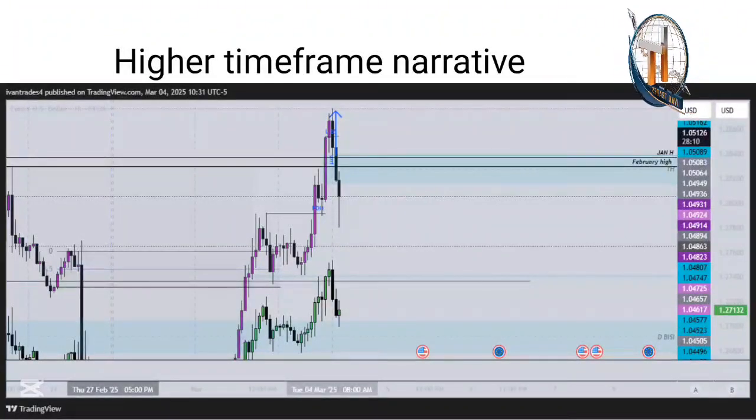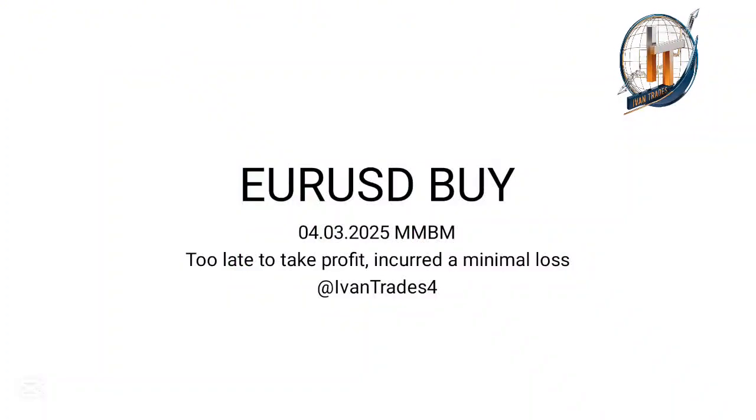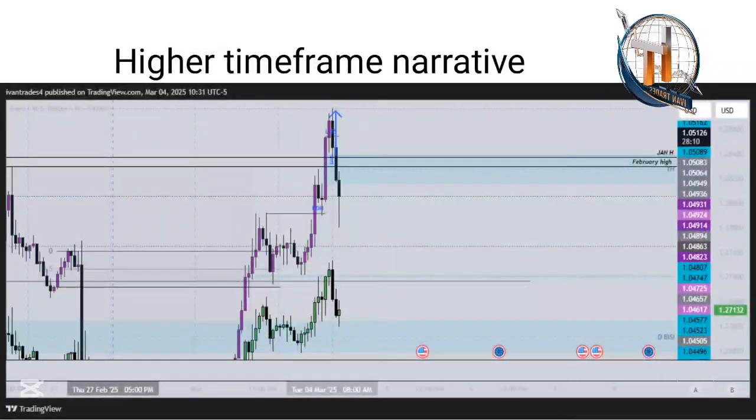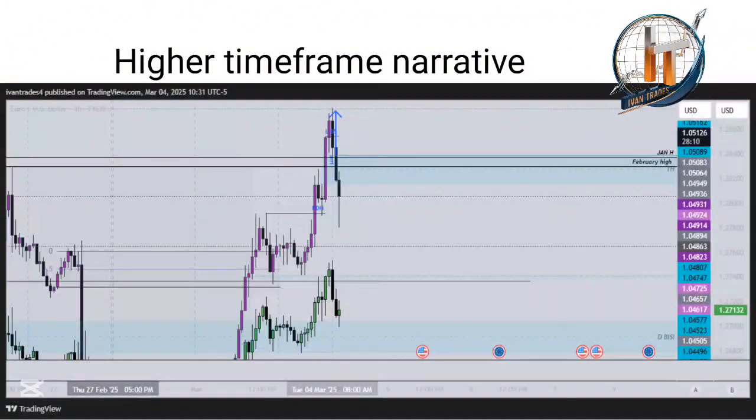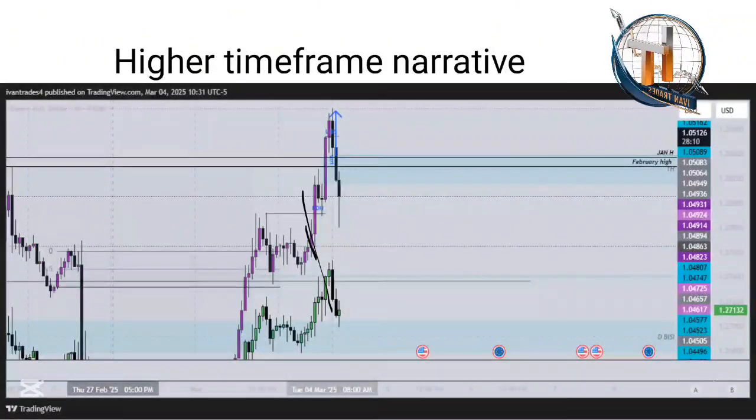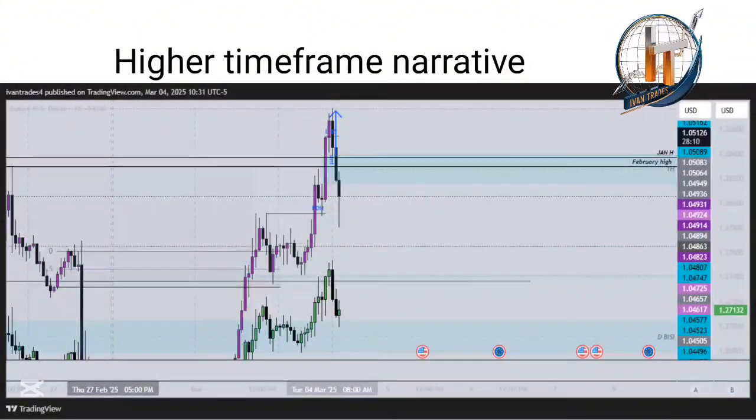On the higher time frame, the Asian range was ranging as usual, but when London opened, it opened very abruptly. You can see that when London opened right here, it opened very aggressively, and instantly the price was repriced to the upside.